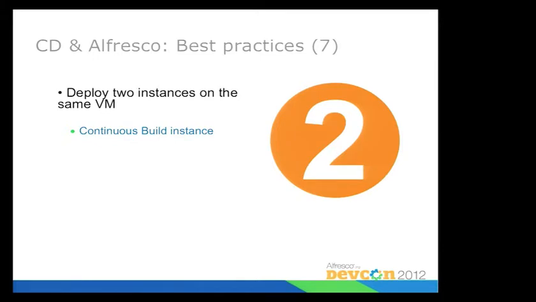This might sound like a strange piece of advice: deploy 2 instances on the same virtual machine. What we usually see is that the QA testing, which happens during the day, needs a stable environment. So if you're doing new builds every, say, 30 minutes or something, it's going to restart the server automatically.